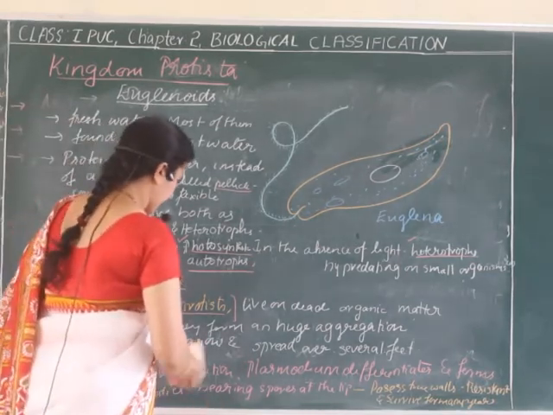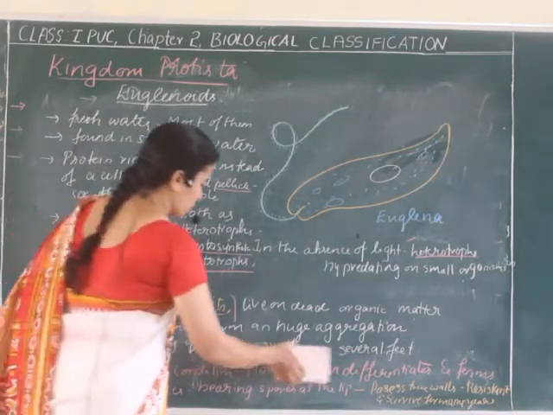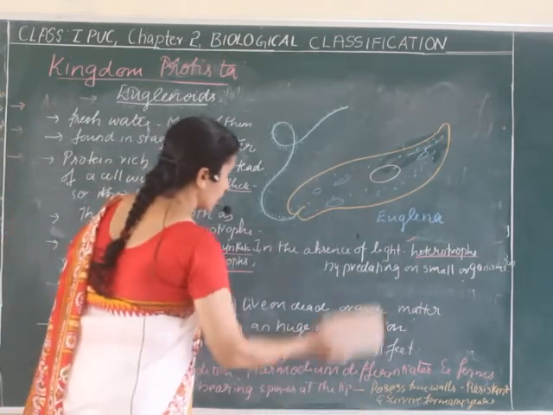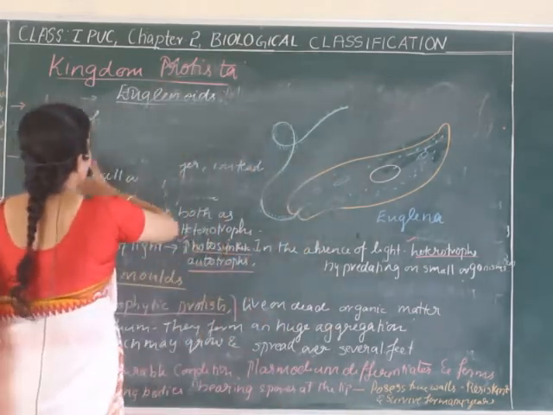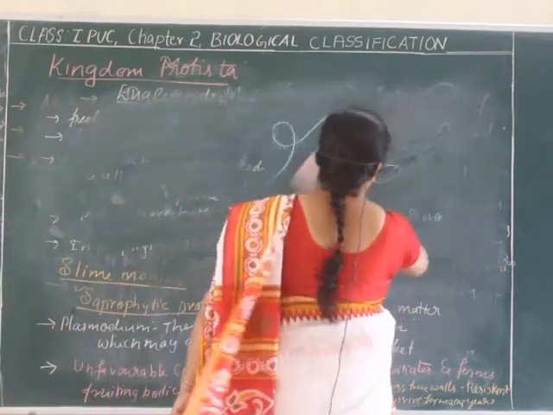Plasmodium is a huge aggregation which may grow and spread over several feet. It will spread to a large area.